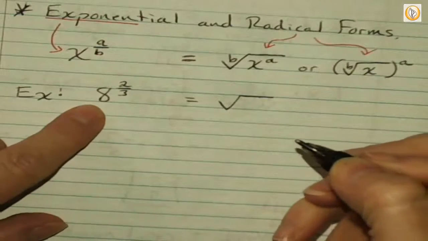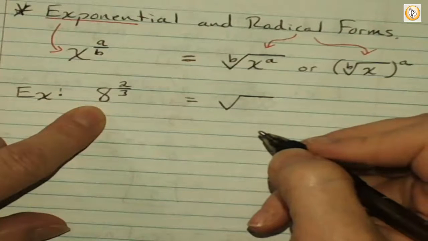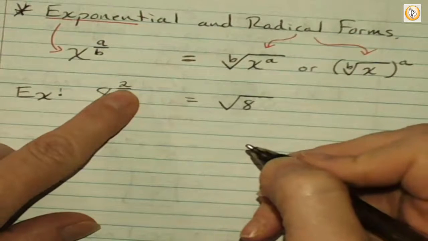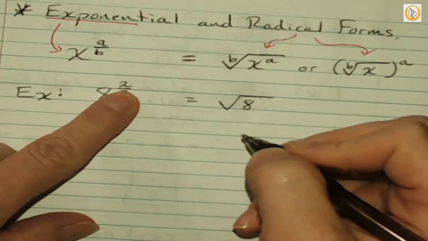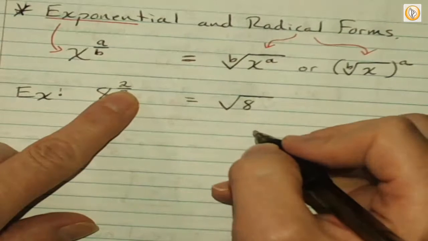Where does my big 8 go? It's the radicand. Where does the 2 go?